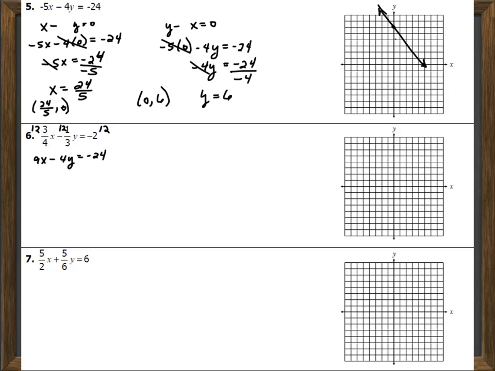For the x-intercept, I make y equals 0, so I have 9x minus 4 times 0 equals negative 24, or 9x equals negative 24, and then divide by 9.